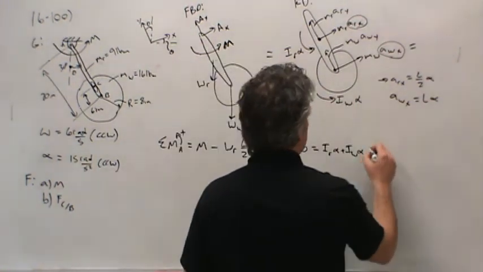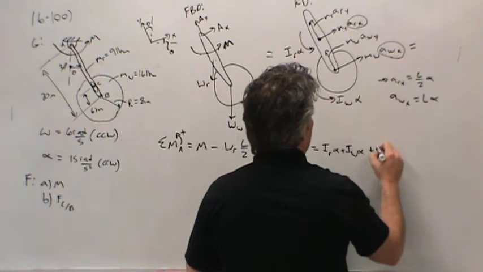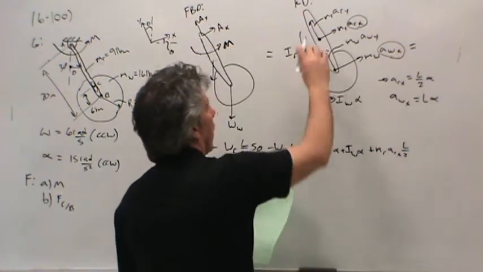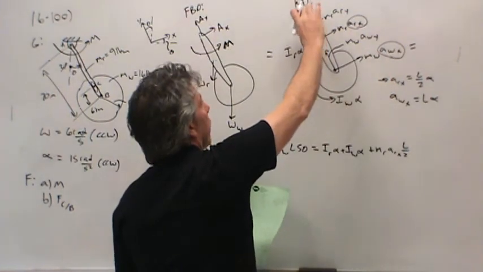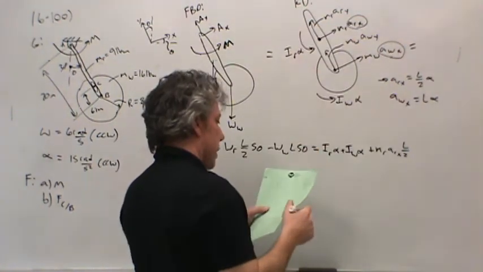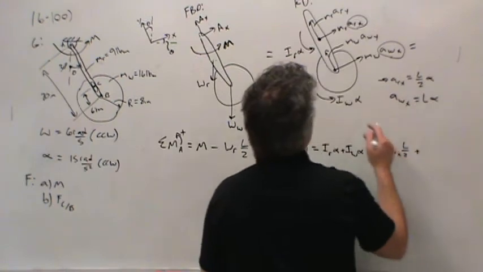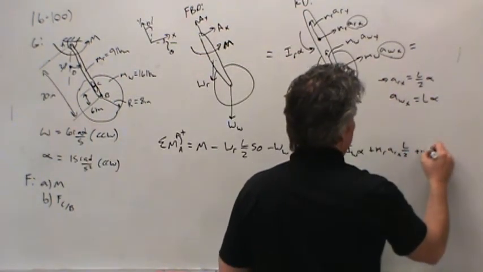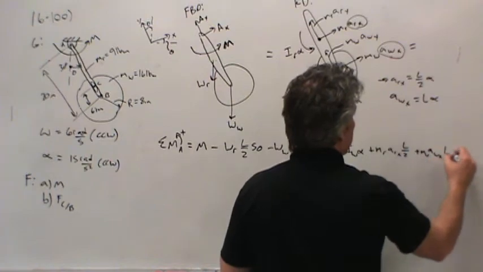And so we have to write plus MR, ARX times L over 2, all of it, L over 2 times that. Plus MW, AWX times L.